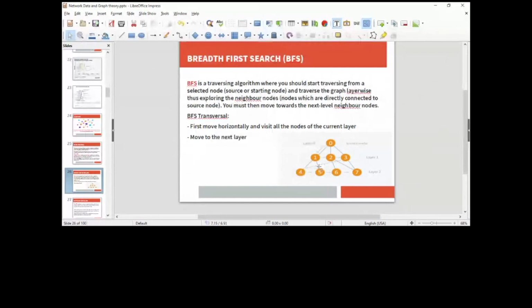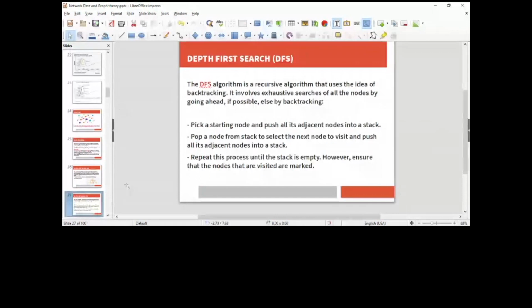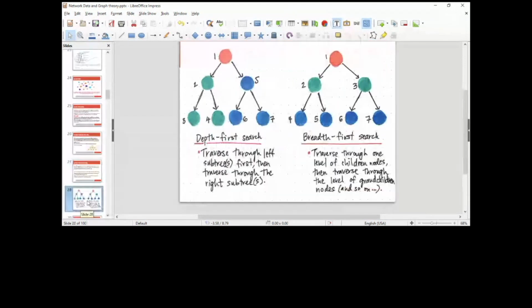The same thing about depth first is the opposite. It moves away from the root node.